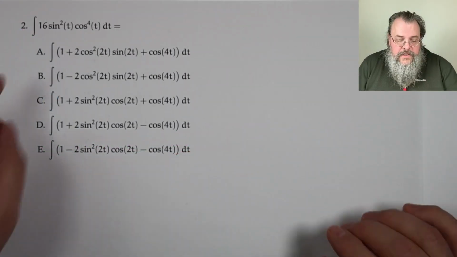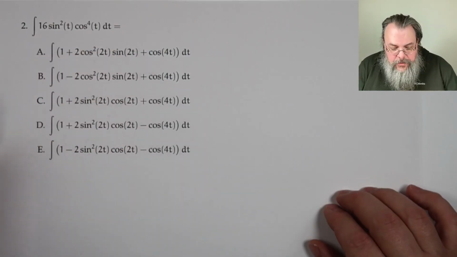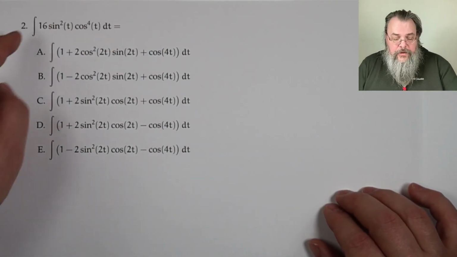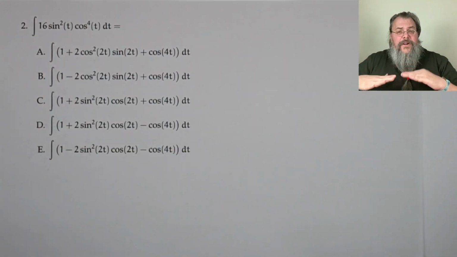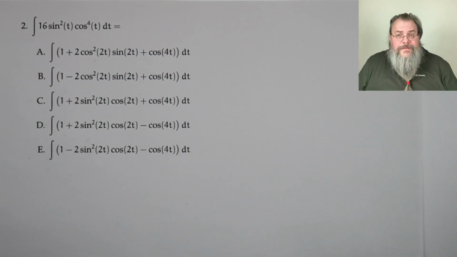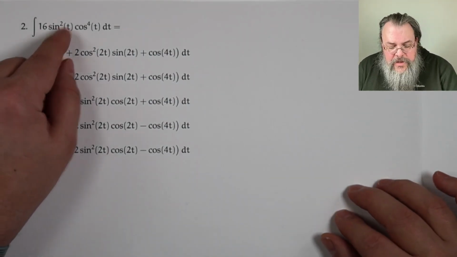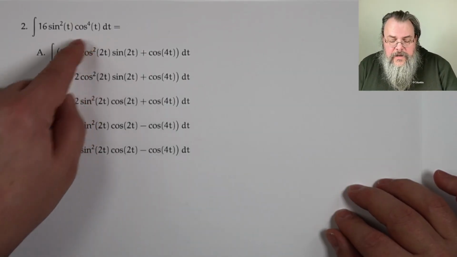We're asked, integral of 16 sine squared t cosine to the fourth t dt is equal to, and then we have these 5 integrals. Now notice, we have an integral, and we have these other integrals. So this isn't really about integration. So what's this problem about? Well, notice here we have powers, sine to the power 2, cosine to the power 4.